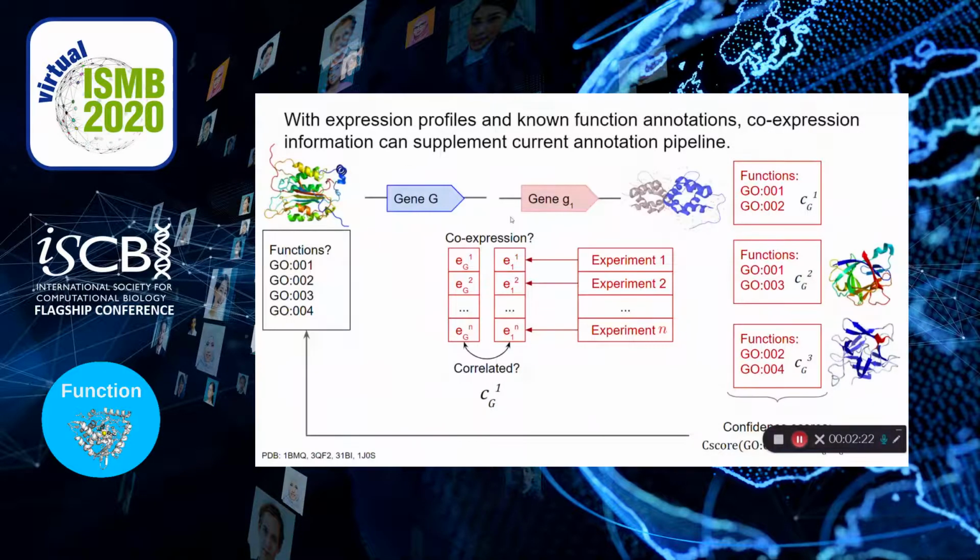So here is our general method of how to incorporate expression profile information into predicting the function. Let's say we have a gene G on the left-hand side, and we are wondering what its function is. Because most expression profiling is done on the transcriptional level, we annotate it as a gene in this case.